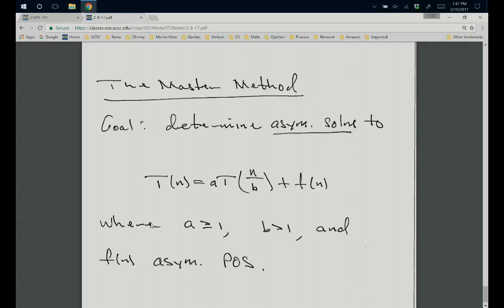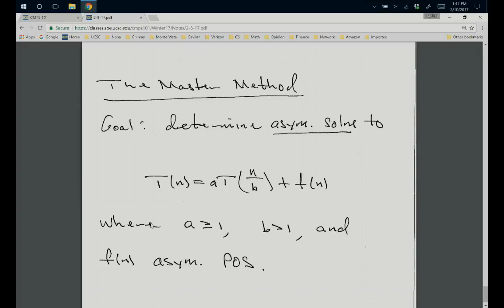Now that you know that, you could almost just stare at the recurrence. Those three pieces of information, a, b, and f of n, are all that you get, and that's all you need in order to determine an asymptotic solution. So you'll get pretty good at just looking at such problems, immediately seeing who the winner is, and writing down the asymptotic solution.